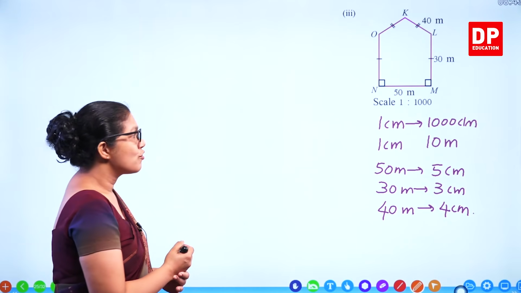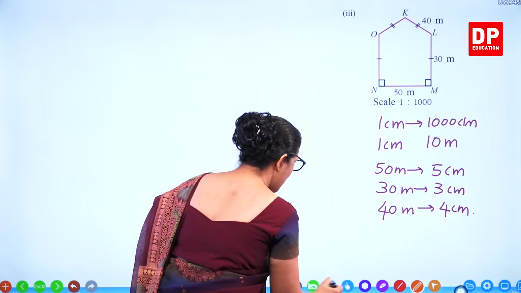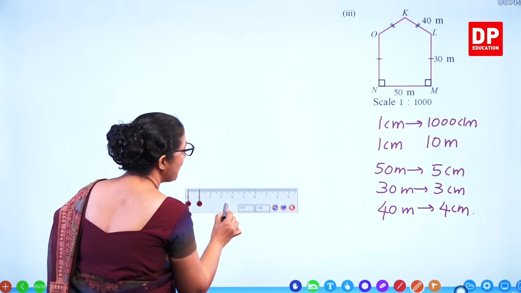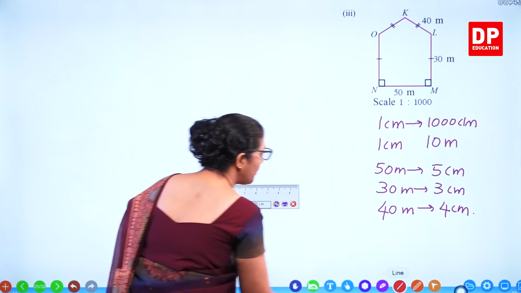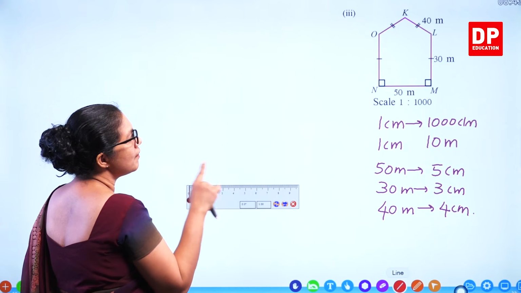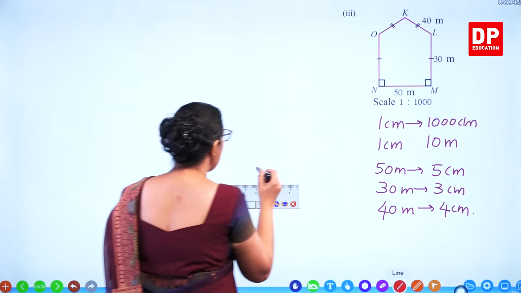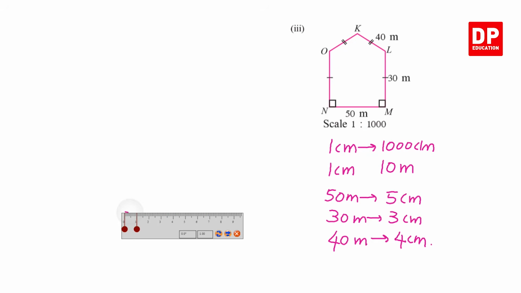Now we'll draw the diagram. So take the ruler and we can first draw this 5 centimeter length. So here to here 5 centimeters.